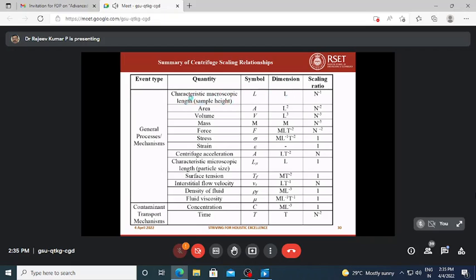Sample height dimensions are scaled down n times, that is 1 by n. As I mentioned, a 100 centimeter height of soil sample can be simulated in the centrifuge model with 1 centimeter, but the acceleration level is 100 times g.